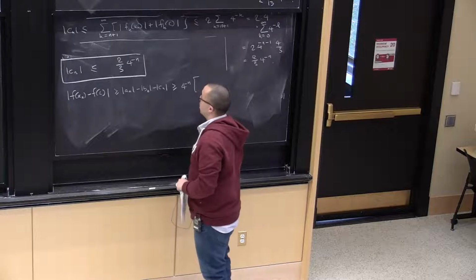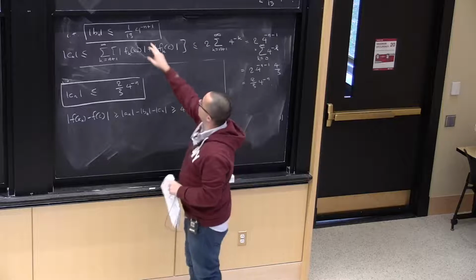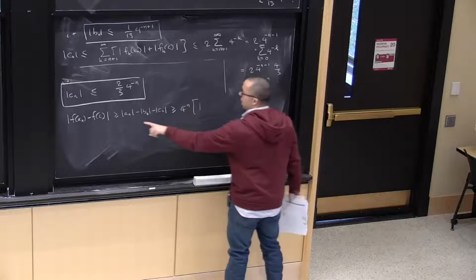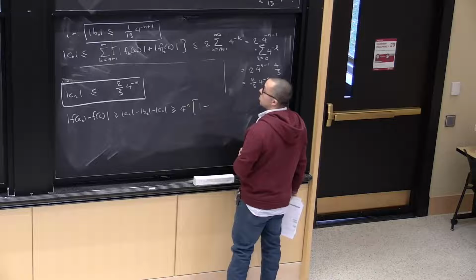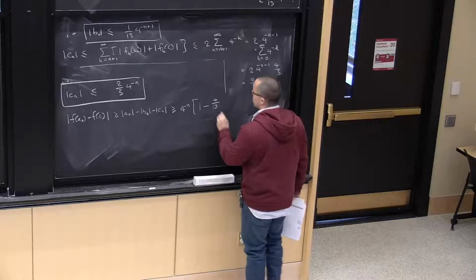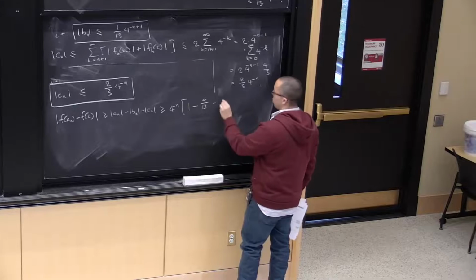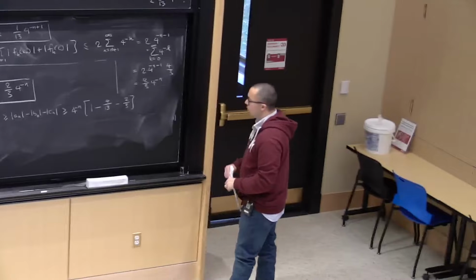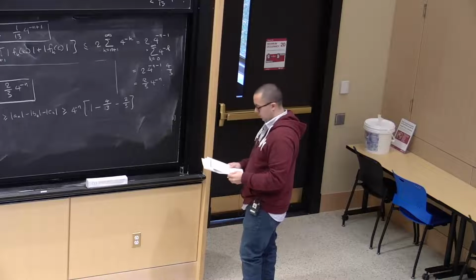So this is 4 to the minus n times 1 coming from the a sub n's, minus 4 over 13 coming from the b sub n's, minus 2/3 coming from the c sub n's.